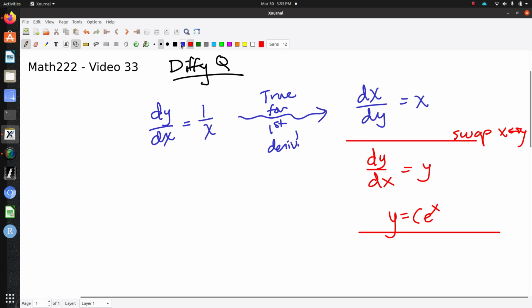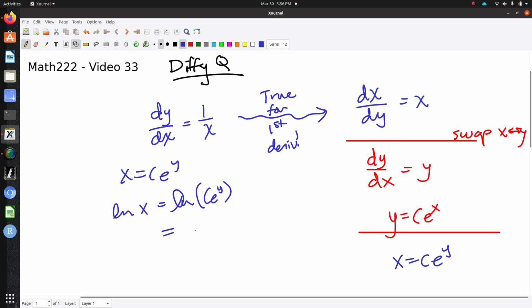Now let's swap it back again. So that means x equals c e to the y. So over here, this answer is x equals c e to the y. Great. So now we're going to take the natural log of both sides to get y, right? Let me do that slower for you: natural log of c e to the y is equal to natural log of c plus natural log of e to the y.